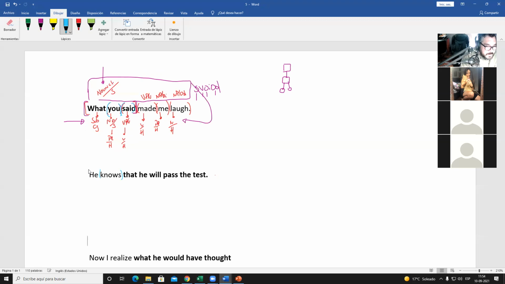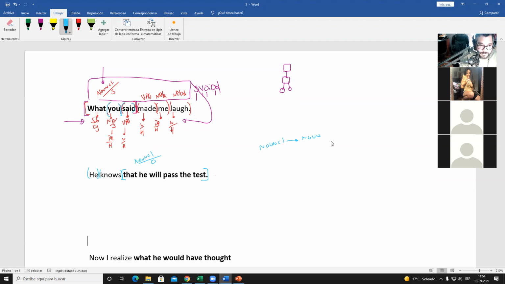Knows es el verbo, he es el sujeto, he knows. What does he know? He knows that he will pass the test. Ahí está la cláusula. Esta es la noun clause, actuando como objeto. ¿Por qué sé que es noun clause? Porque actúa como objeto. No es objeto porque sea noun clause. Las noun clauses se colocan en los mismos lugares que un noun.